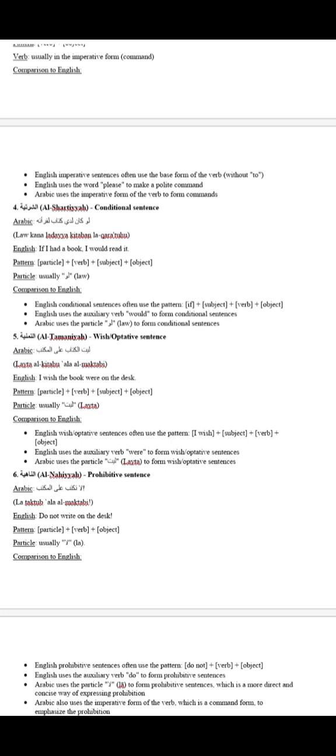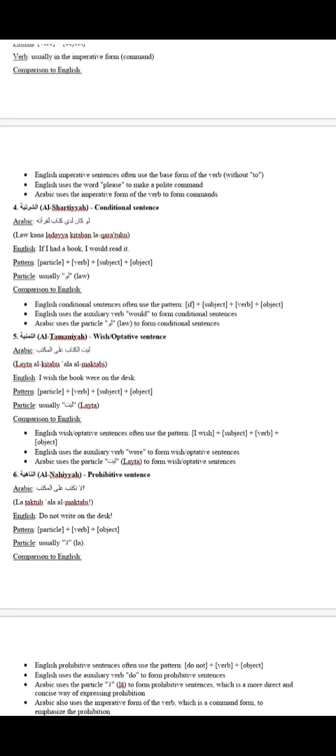And then we have another type of sentence, that is al sharatiya, conditional sentences. These sentences are mostly used to express a condition or hypothesis.